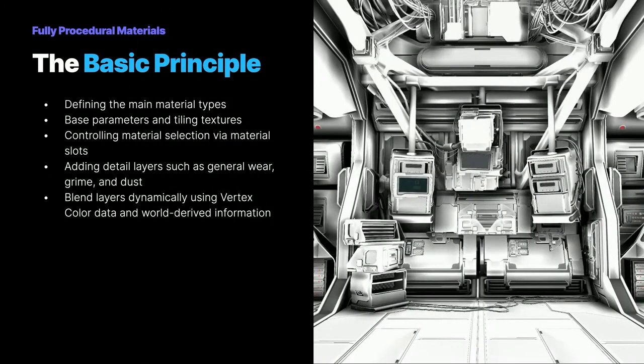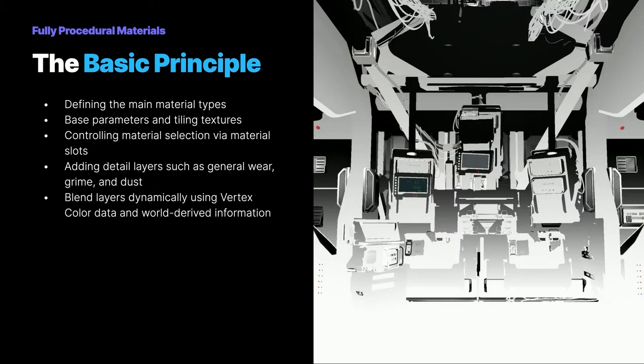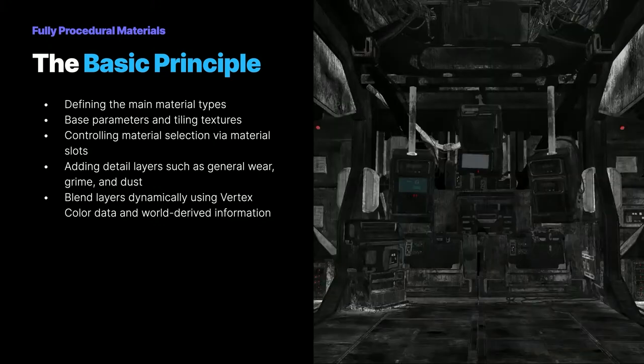By manipulating our vertex color data, we can now create a variety of dynamic masks, defining exposed surfaces and occluded areas, height gradients specific to either surface types or axes, as well as grime masks, hiding the lack of input data resolution by mixing in tiling variation masks and using additional world-derived data such as Z-vector-orientated faces.